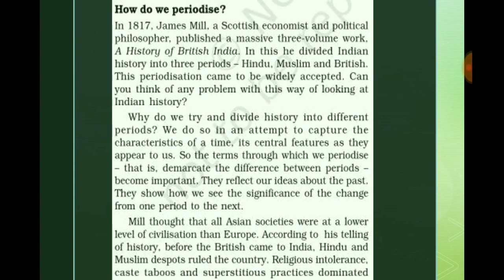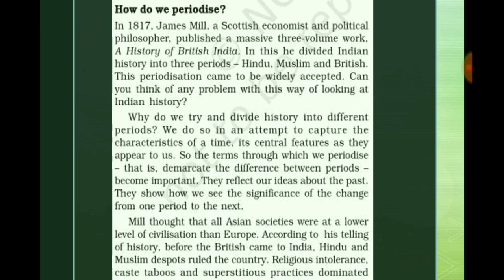Basically what he meant was that the time before British rule was full of darkness. This is their thinking: that before the British arrived in India, the time that was going on was full of darkness. After the British arrived in India, Indians started progressing and got civilized.